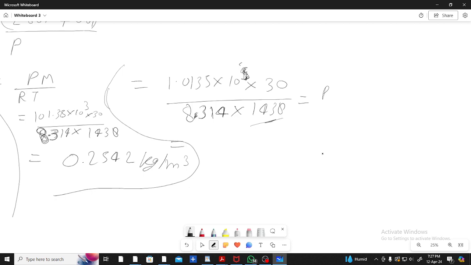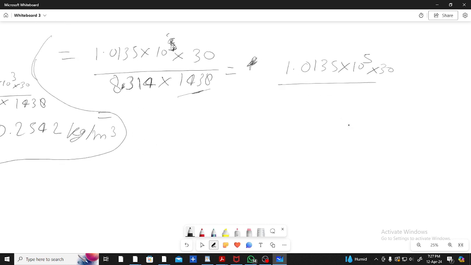See, this is a very basic confusion. 8.314 into 1438. So it will give.